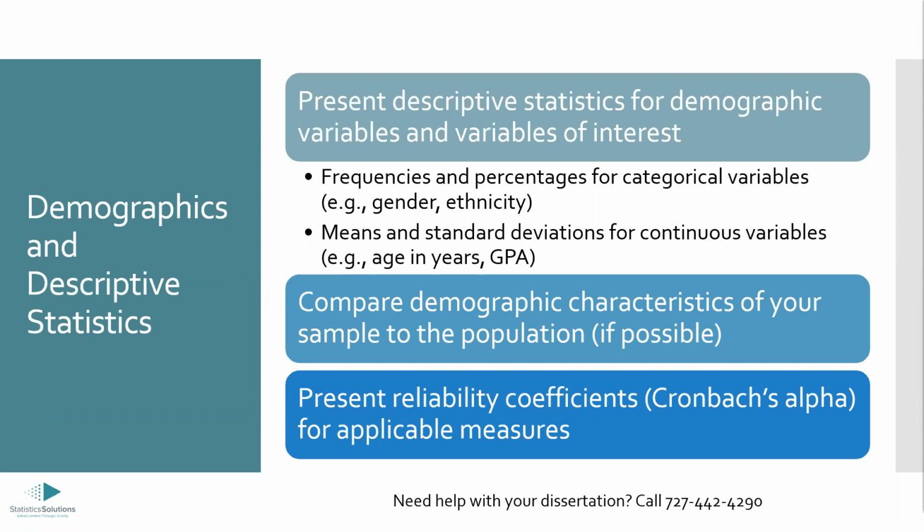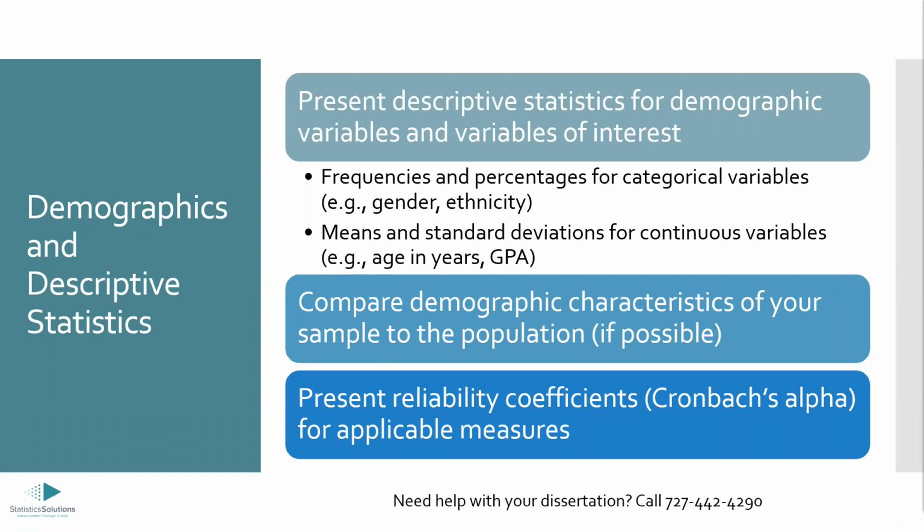So you can say if your sample was comparable to the population in terms of the number of males and females, or if your sample seemed to be quite different from the population in terms of the proportions of males and females. So in some cases, you will want to relate the characteristics of your sample back to the population.